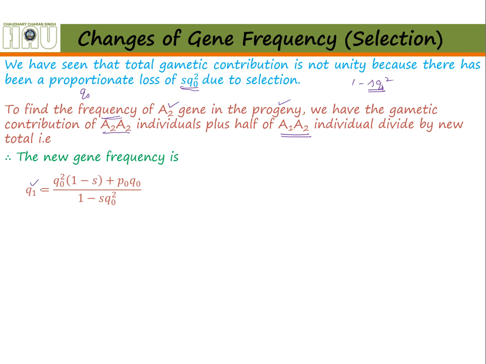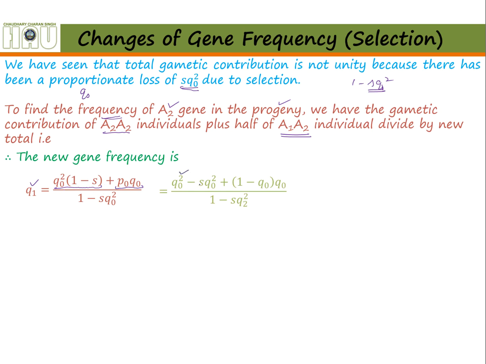So after one generation of selection, I denote it by Q1. This is Q0 square times 1 minus s, the gametic contribution after selection, plus half of 2P0Q0, that is P0Q0.